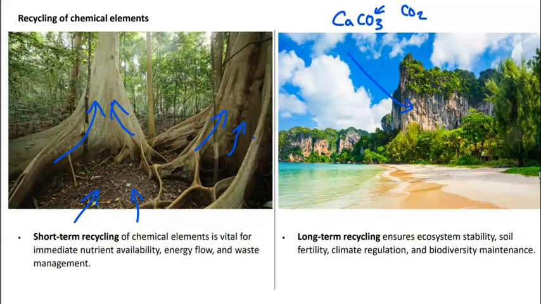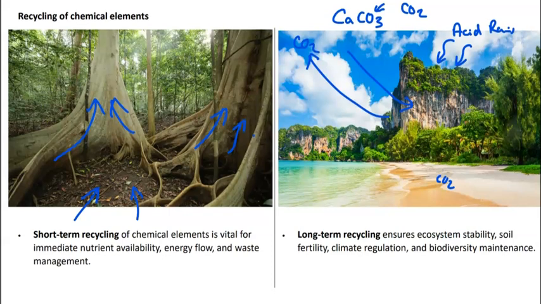And so the carbon remains locked into these cliffs and is then only released through erosion of the cliffs and particularly the action of acid rains on their surfaces, in which case the carbon dioxide will be returned back to the atmosphere, but this would be a very, very slow process indeed, hence the term long-term recycling.